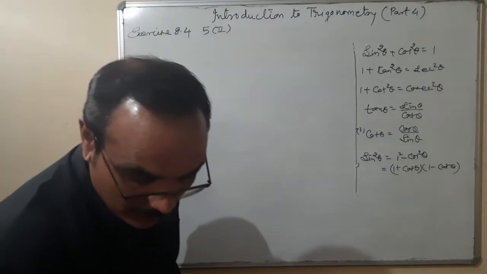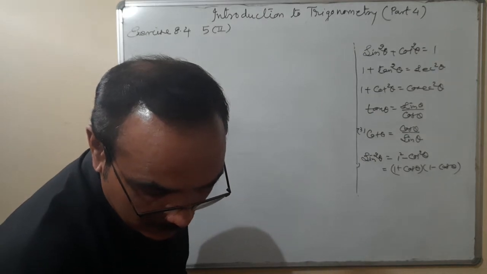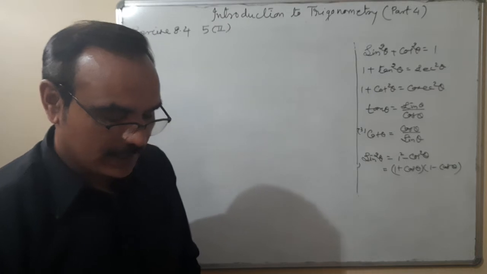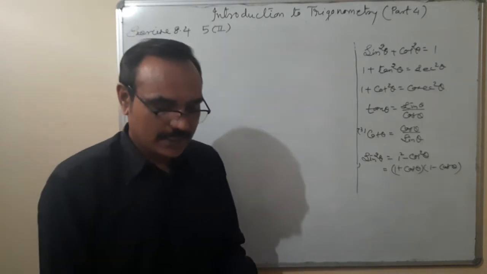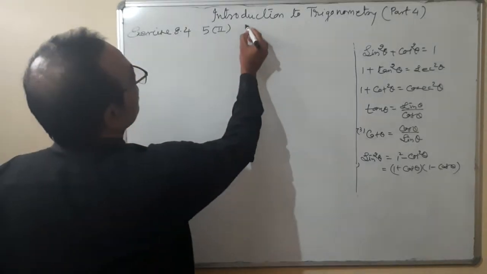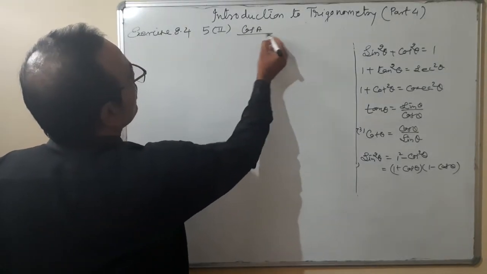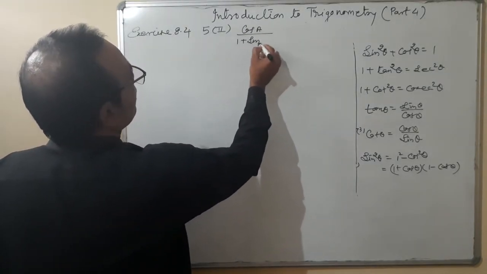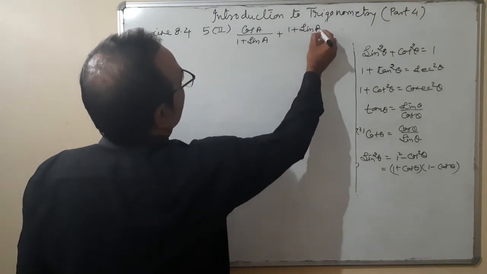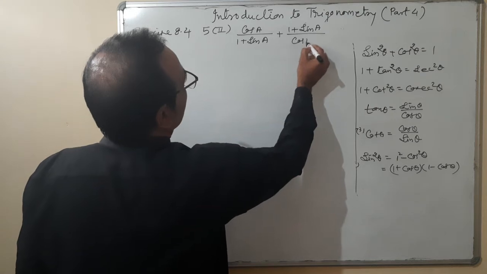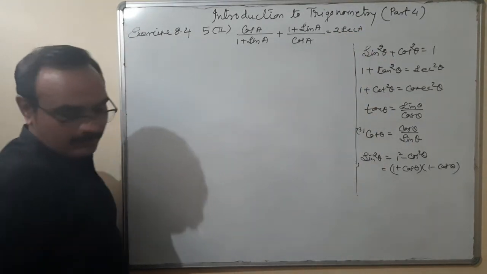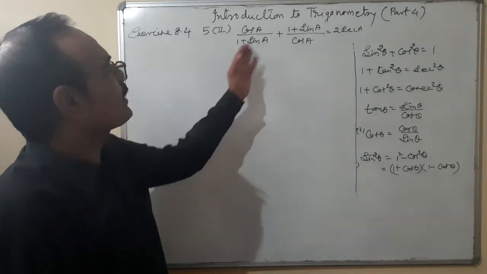Second part, cos A upon 1 plus sin A plus 1 plus sin A upon cos A is equal to 2 sec A. Okay, is equal to 2 sec A.